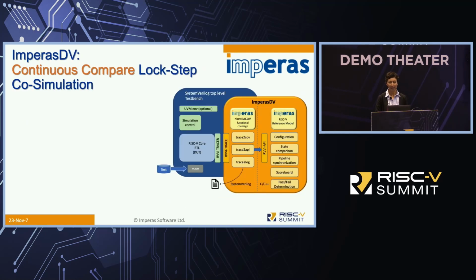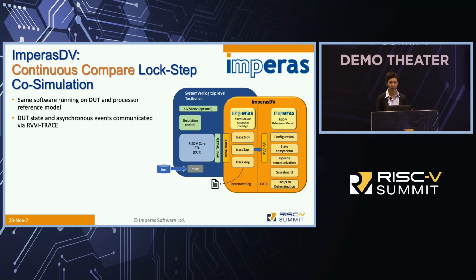The RVVI standard has enabled the development of RISC-V processor verification IP, such as Imperas-DV. And let me tell you how it works. Imperas-DV is instantiated in the customer's test bench and connected using the RVVI trace interface. The same program is run on both the device under test and a reference model of the target processor.